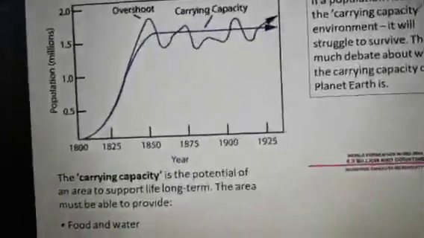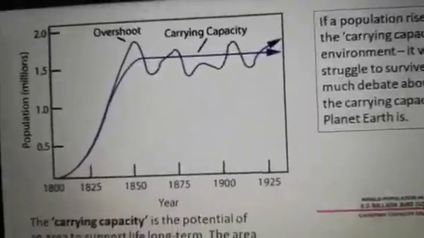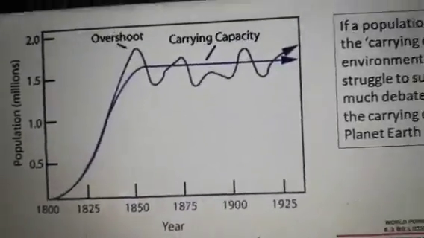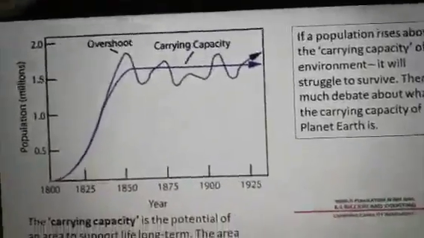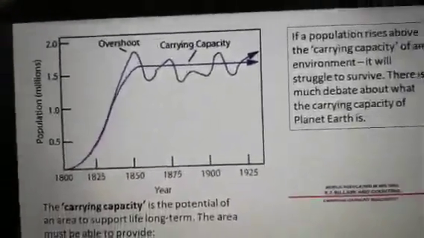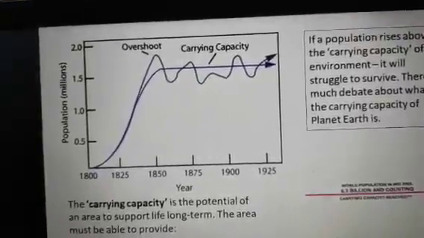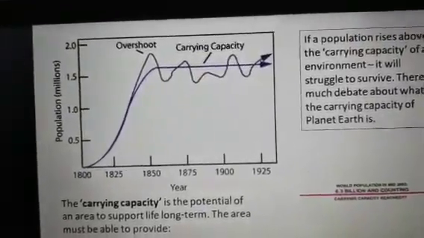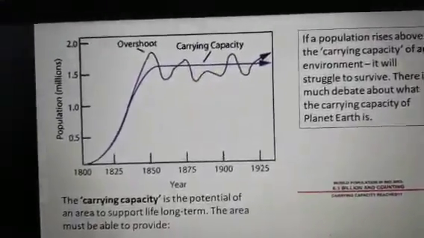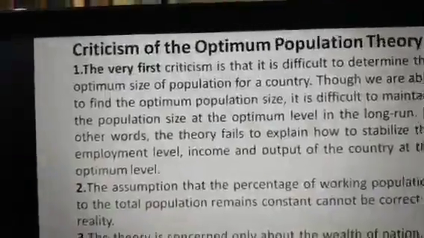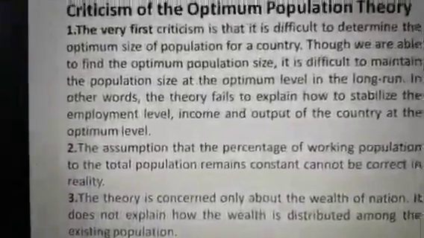In each and every country there is a carrying capacity, and when we overshoot this carrying capacity, the problem begins, and then the optimum population theory works. So we have to correlate this theory with Malthus theory and with the story of growth theory, and thus you can say that beyond this, when we criticize this theory, the criticism falls under four parts.